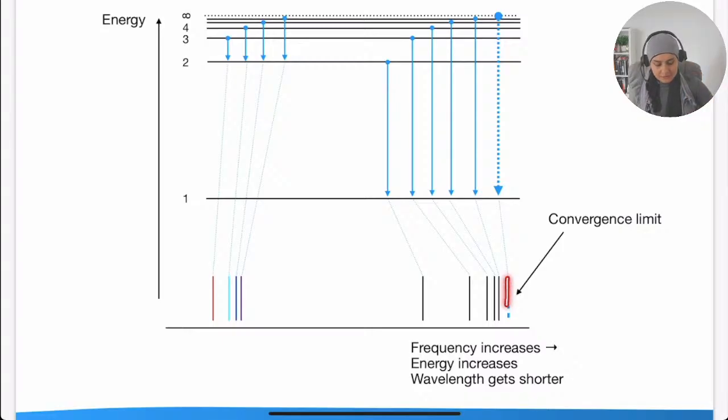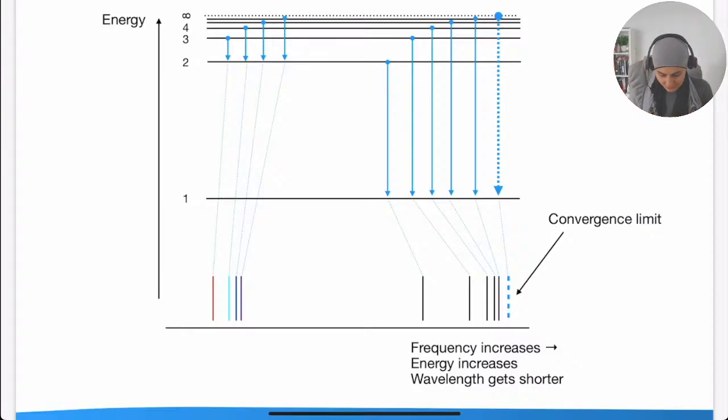Because you don't see any frequencies after this point, it means that the electron is not returning after this point. So you supplied enough energy to ionize the electron. Instead of jumping between energy levels, it flies away. So the frequency of the convergence limit in the UV series shows you the frequency for ionization energy, first ionization energy.